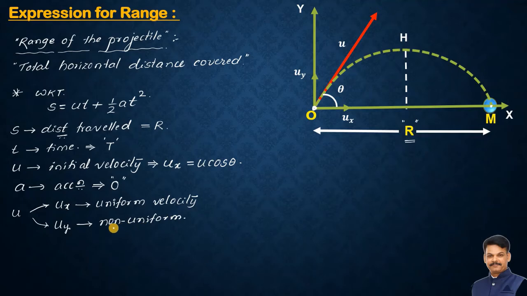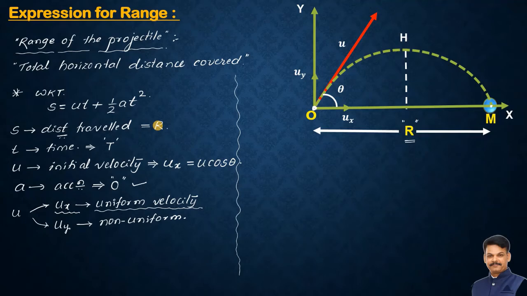So therefore, we have to focus on ux, that is the uniform velocity. If the velocity is uniform, then there is no acceleration. Hence, the acceleration is taken as 0. Okay, I hope you got the purpose of taking the acceleration equal to 0.